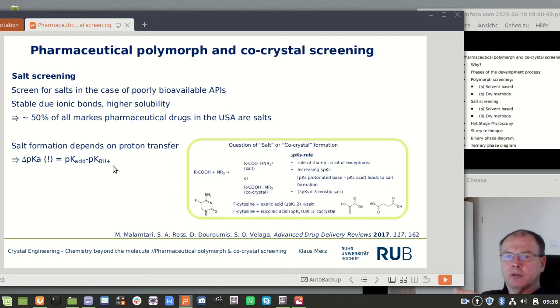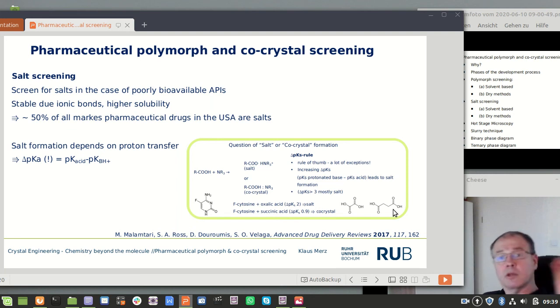And I have shown you exactly this equation in a video before. Here I've shown you the case of fluorocytosine. If you crystallize fluorocytosine in the presence of oxalic acid, you will get a salt, and in the case of succinic acid, this one here, you will get a co-crystal.